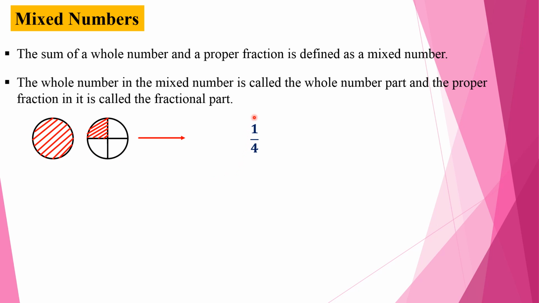Then to this fraction we have to add this unit. This unit is 1 unit. Then 1 plus 1/4. This one is a full circle or full unit, so it is represented by 1, and this one is 1/4 or a quarter. Then 1 plus 1/4 is equal to 1 and 1/4.